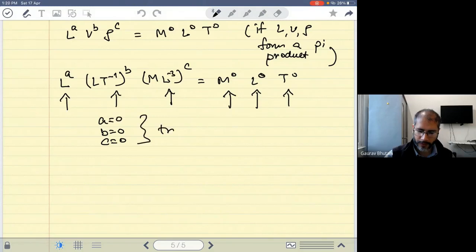Okay, so that is trivial. Of course, if A, B, and C all are 0, then this is going to be non-dimensional, but that does not make it anything. That is going to be equal to 1 equals to 1. So basically, L, V, and rho do not form a pi product. So this is an acceptable choice.